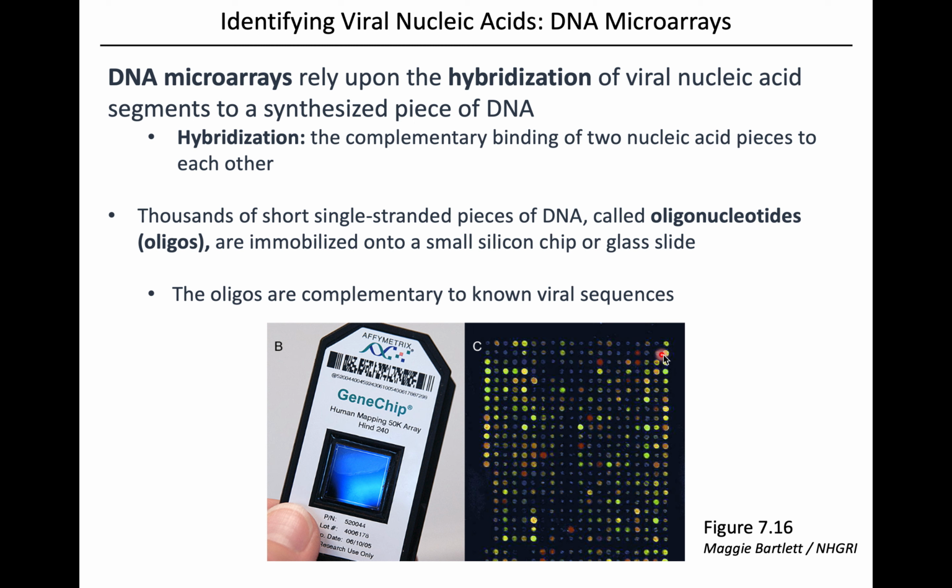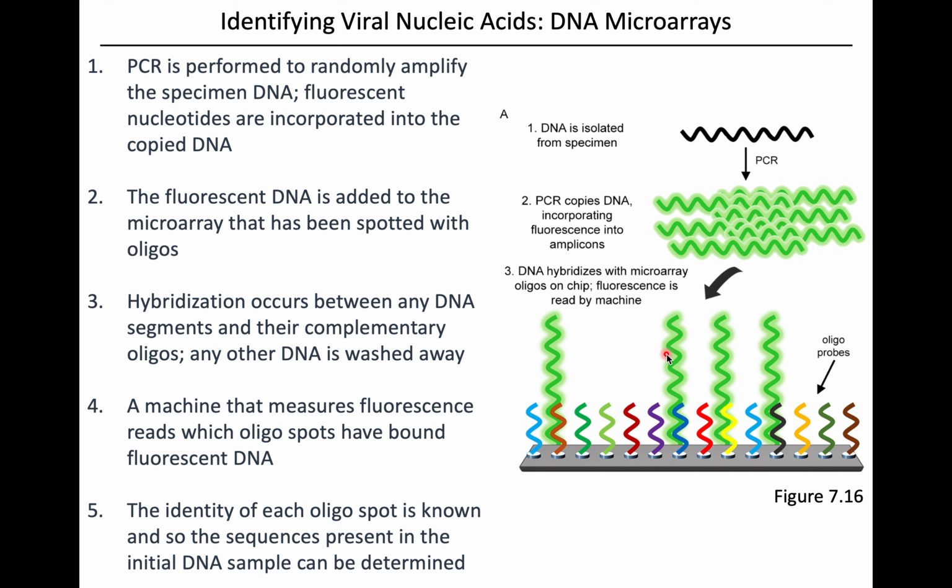And so the idea is you would take your serum sample, isolate the DNA, and do some PCR, maybe multiplex PCR, to try to amplify as many different potential virus sequences as you could. In the process of doing that PCR, you can incorporate fluorescent labels into any DNA product that gets made, and then you would introduce that to your microarray, to your chip. Basically any place that there's complementation, complementary nucleotides between the DNA that you amplified by PCR and the little oligo on the chip, your DNA will stick, right?